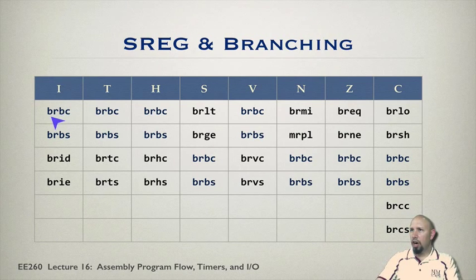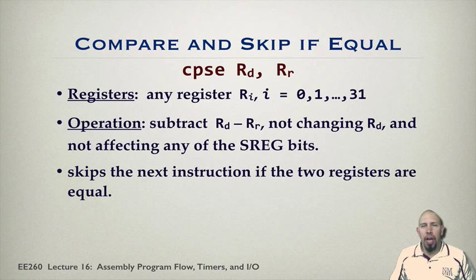The instructions BRBC and BRBS, branch if bit is cleared and branch if bit is set, appear for every one of these bits, so those same instructions apply to all the bits in that register. Otherwise we have some other instructions associated with various bits. That's how the status register affects branching. The branch instructions are used for branching.